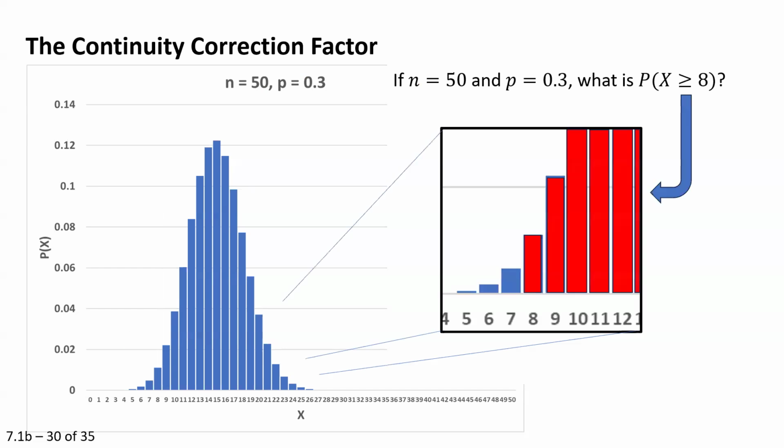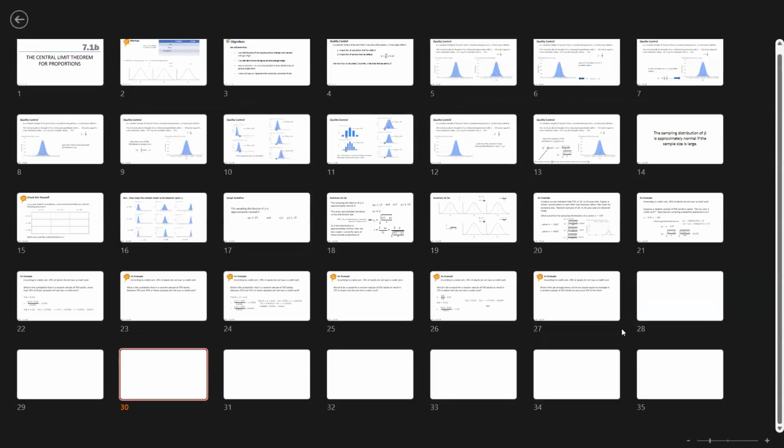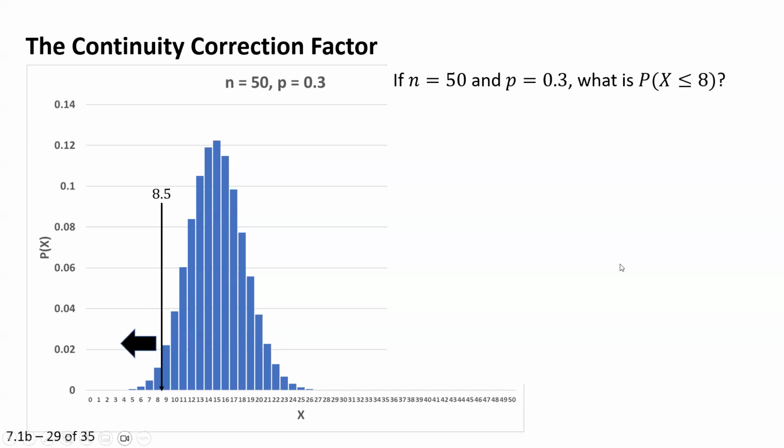Okay, so if I'm wanting to know what the probability that x is less than or equal to 8 is, and I'm smoothing this over with this nice, pretty normal distribution like this, and I want to know the probability that x is less than or equal to 8, should I slice it here exactly?